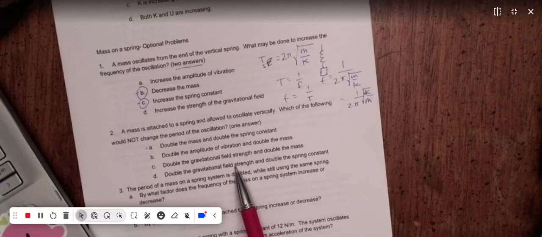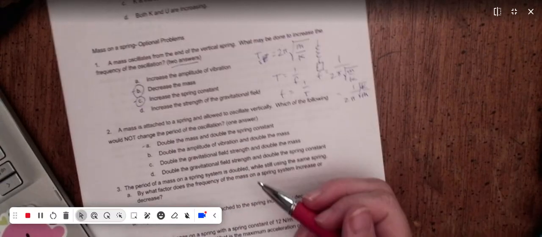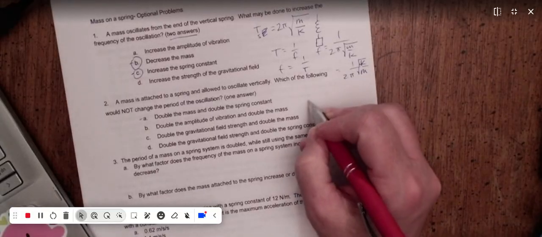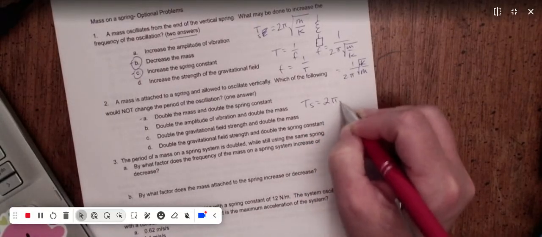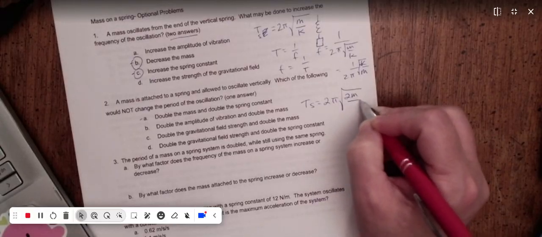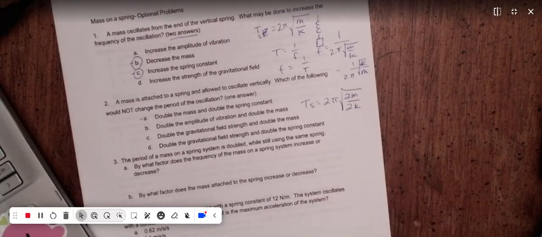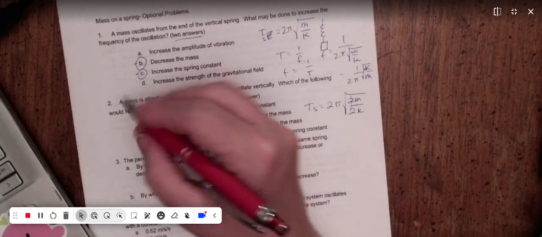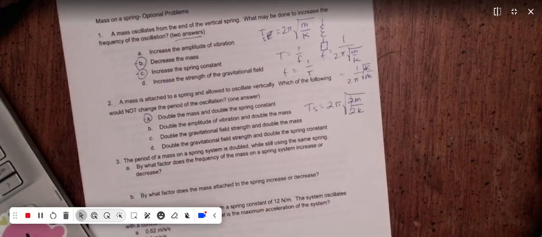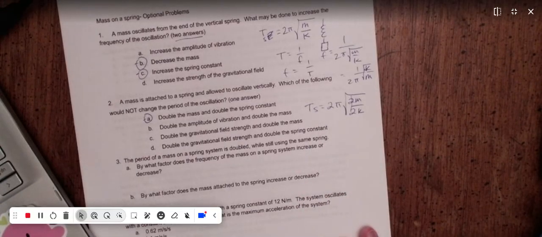This isn't in that equation, so I'm really left with choice 1. And if you think about doubling the mass and doubling the spring constant, you're going to get the same thing because the twos cancel. So if we doubled both of those, we would be left with the same period value as we had before.